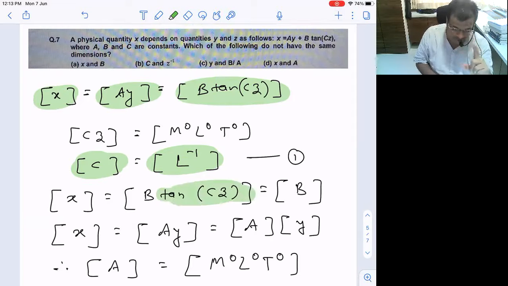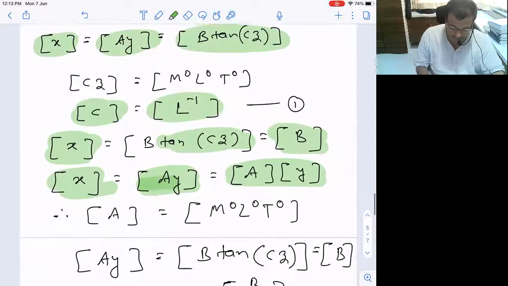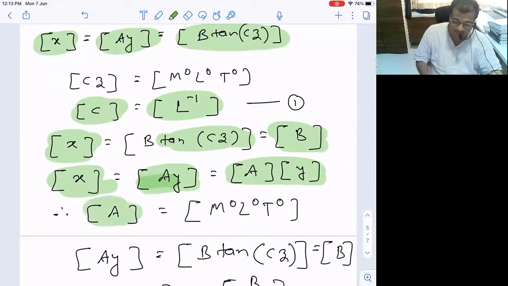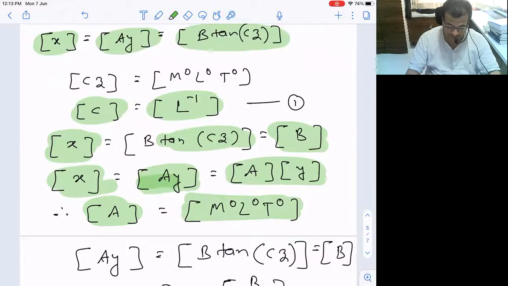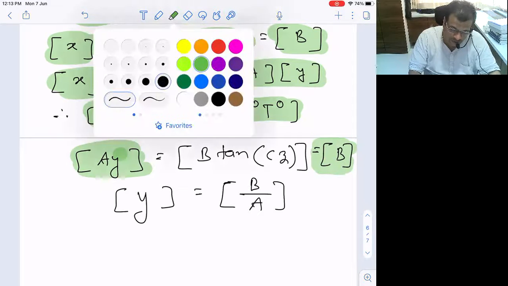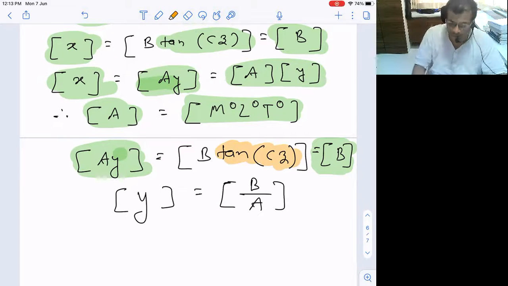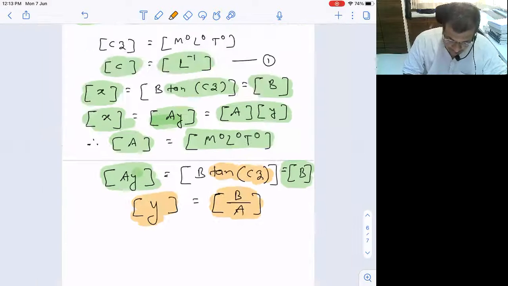Since the trigonometric ratio is dimensionless, the dimensions of x must be equal to the dimensions of b. Similarly, the dimensions of x must be equal to the dimensions of ay, that is, of a and y. So obviously then, the dimensions of a are x divided by y, so it should also be dimensionless here. The same argument applies here too, friends: the dimensions of ay must be equal to the dimensions of b, because tan(cz) is a trigonometric ratio, so its dimensions are nothing, 0, 0, 0. So the dimensions of y are equal to the dimensions of b by a.